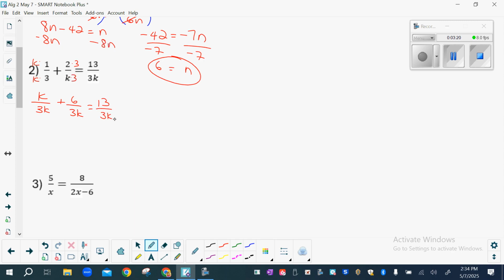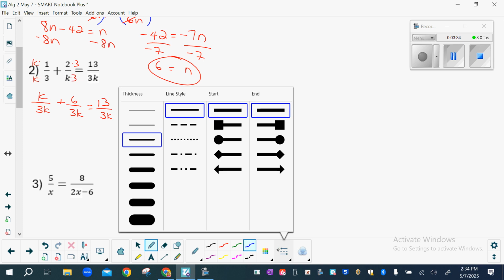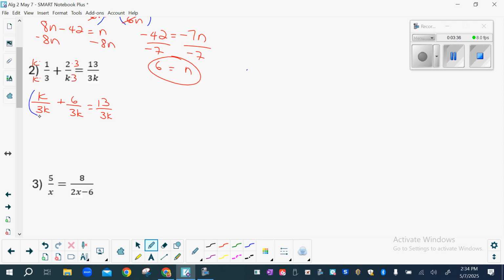So somebody else in that group, tell me what we do next to solve that. Multiply all of them by the denominator, 3k. Yes. Good. You need to multiply all of them by something. So we multiply by 3k because that way we can get rid of the denominators, which is what we want to do.